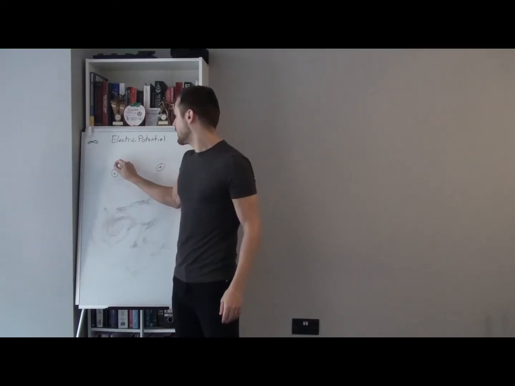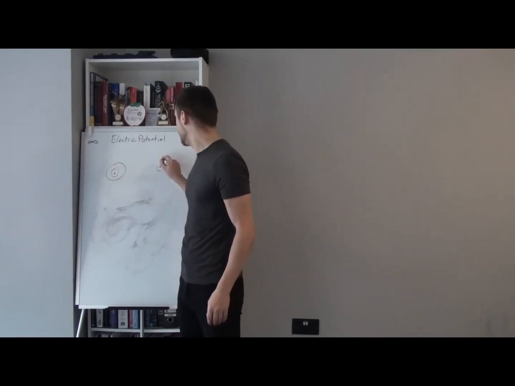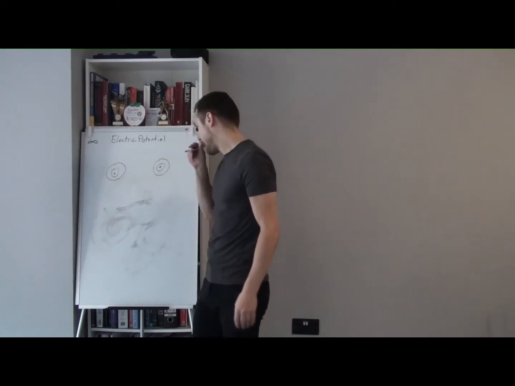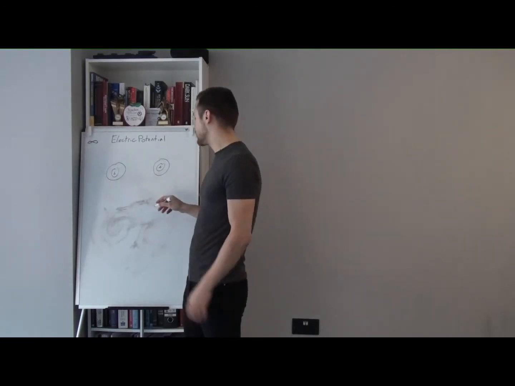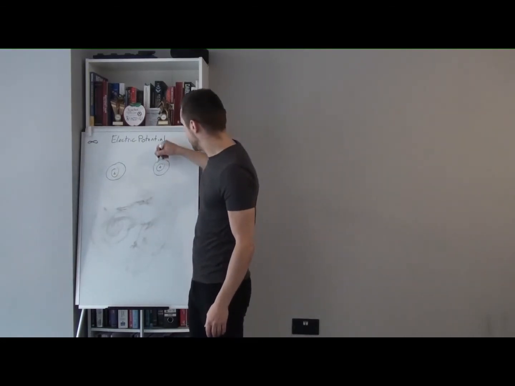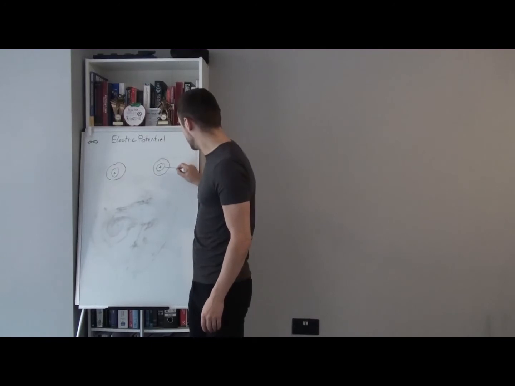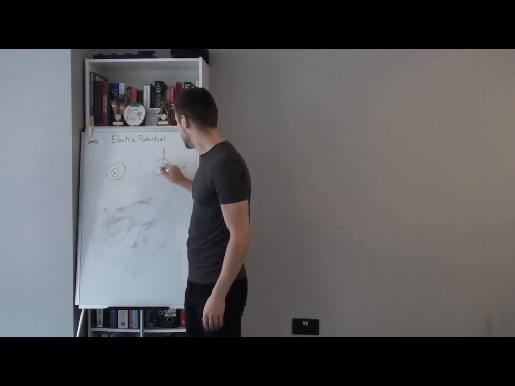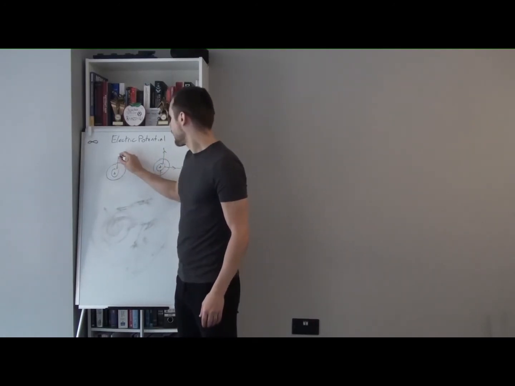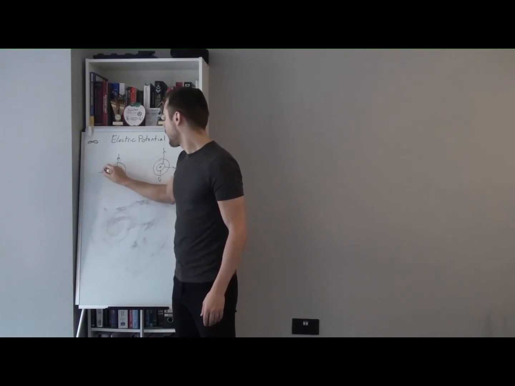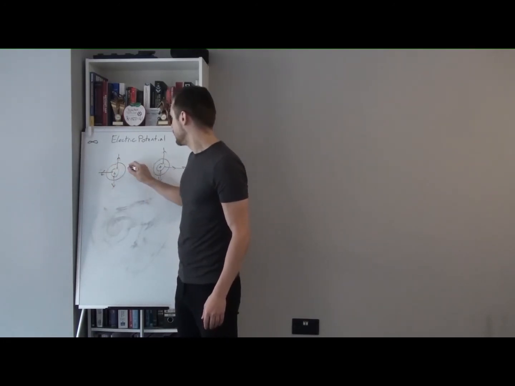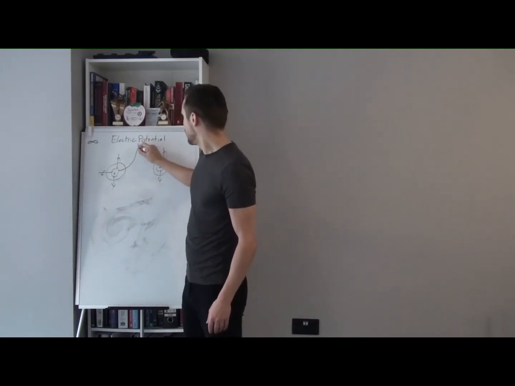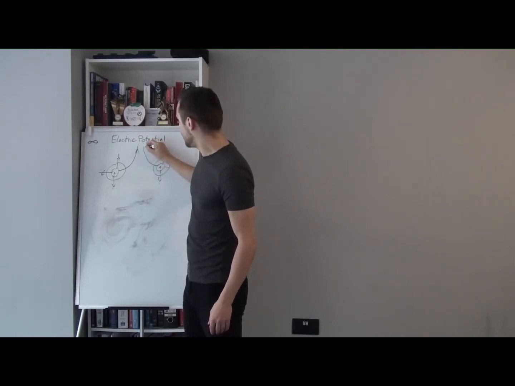We can say that there's an equipotential surface here, an equipotential surface there, but their electric fields are interacting with each other. So because these are repelling one another, we've got our electric field lines going out this way, but we've also got this. The electric field lines will not meet one another.